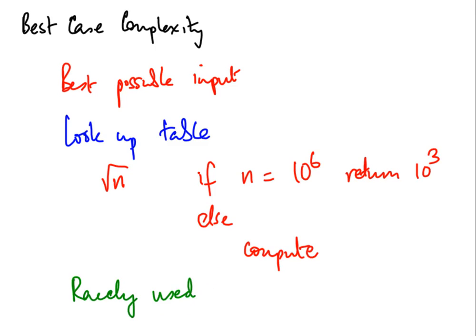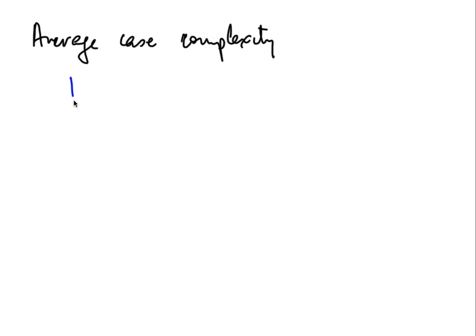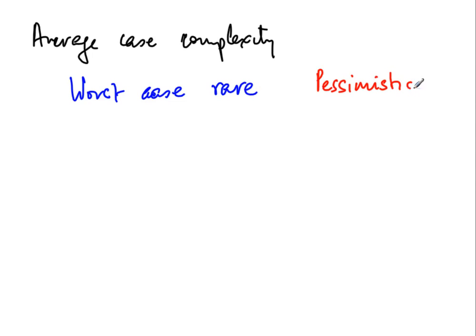A more relevant thing would be to say what happens on the average. Now it could be that worst case is too pessimistic. So worst case is rare. If the worst case is rare, then the worst case complexity is very pessimistic. We are making provision for a time that never really occurs.